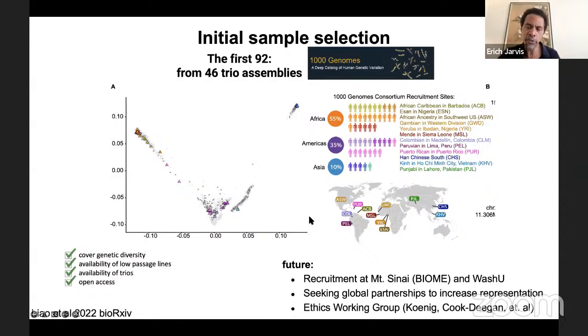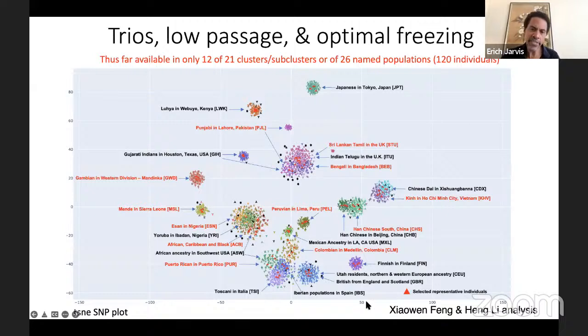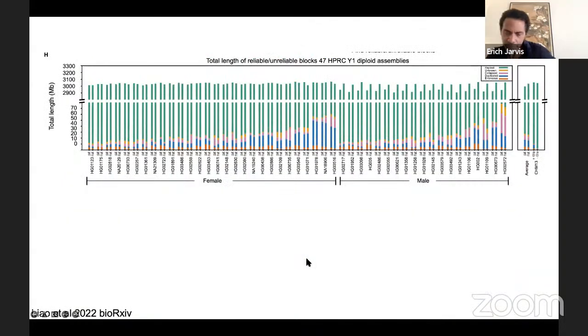Actually, we didn't focus too much on European here. And here is a PCA plot of the genetic diversity of the individuals that went into this initial sequencing, where we created contigs. And here is a t-SNE plot of the same type of data sets, where in red text here are the samples that went into this first pangenome reference.